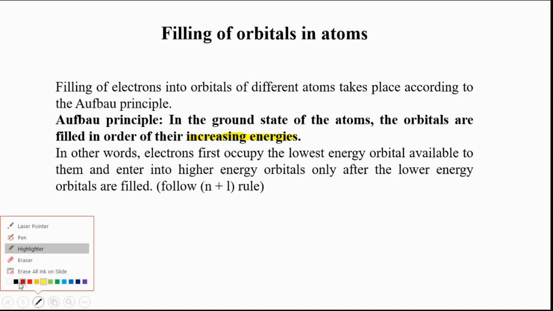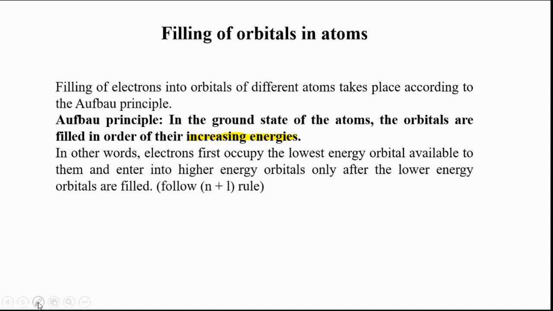If you remember, how do we consider which one is a lower energy or a higher energy? That depends upon the n plus l rule. So what does this n plus l rule tell us? According to the n plus l rule, the lowest value of n plus l will have the lowest energy. If we consider 1s, n is equal to 1 and l is equal to 0, so n plus l for 1s is equal to 1.